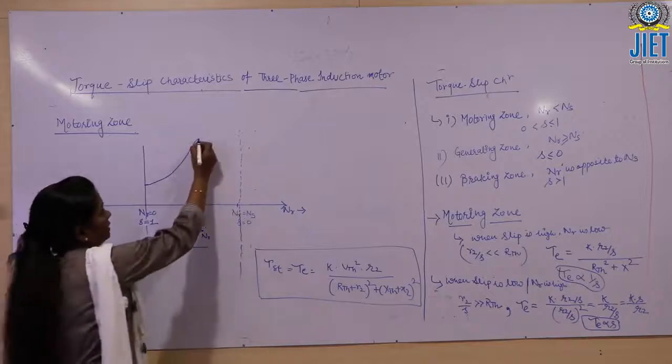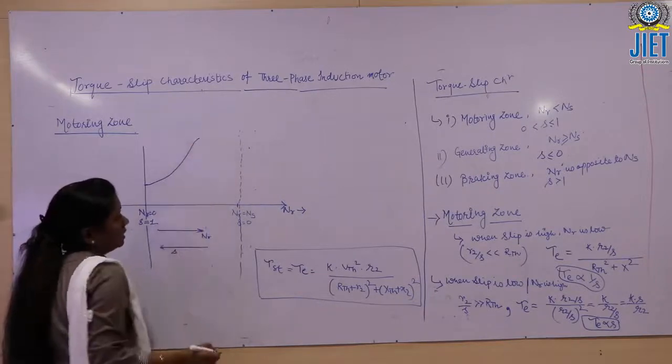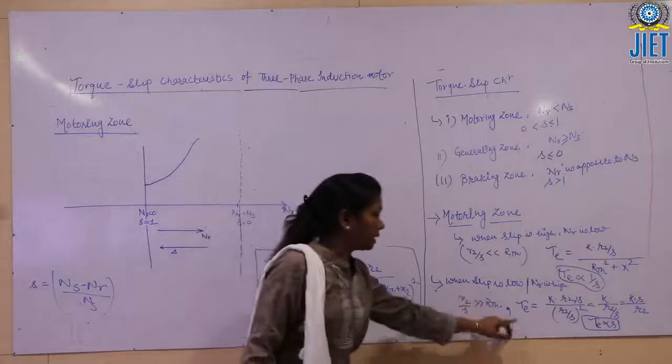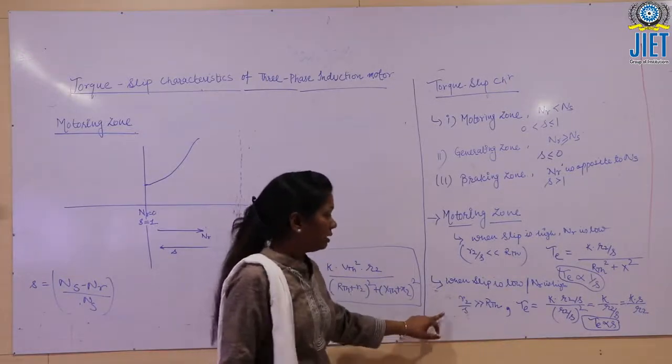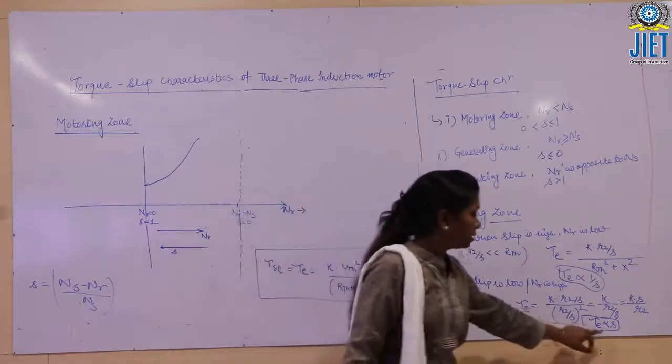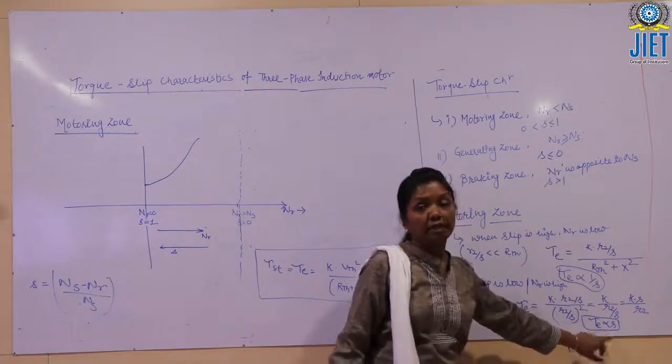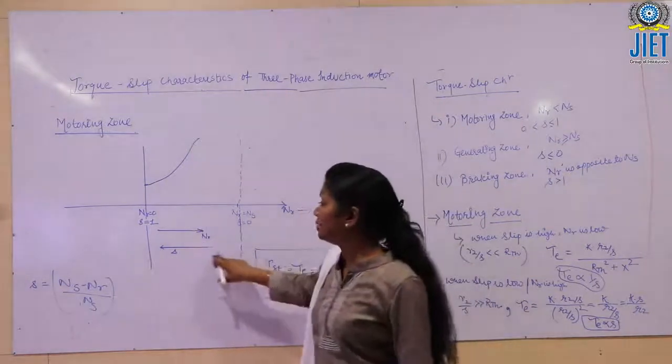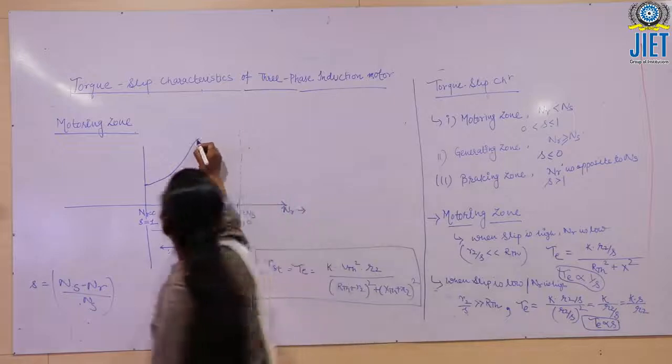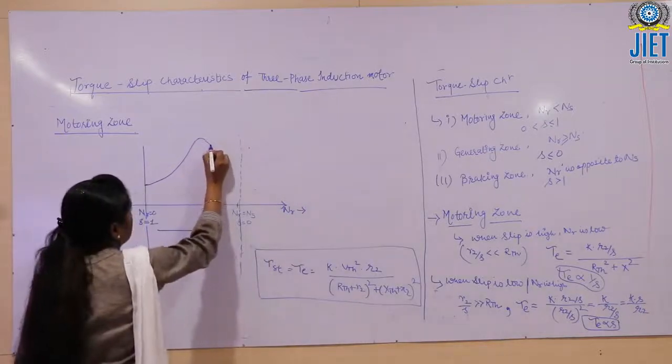Now somewhere the torque becomes maximum, and then this characteristic is dominating one, that is the torque is directly proportional to S. That means as the slip is decreasing here, the torque also decreases.